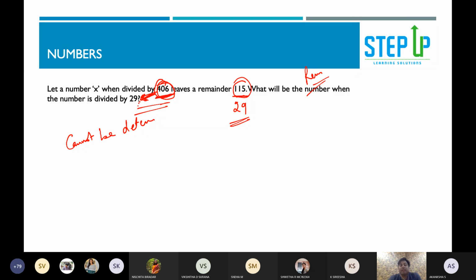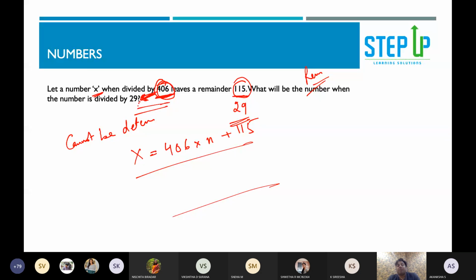I'll tell you why. If a number x, when divided by 406, gives remainder 115, that means it is 406 multiplied by some quotient plus 115. This will be the number.